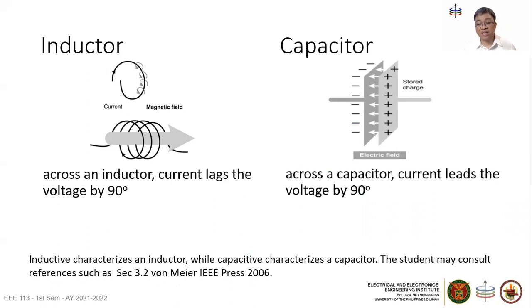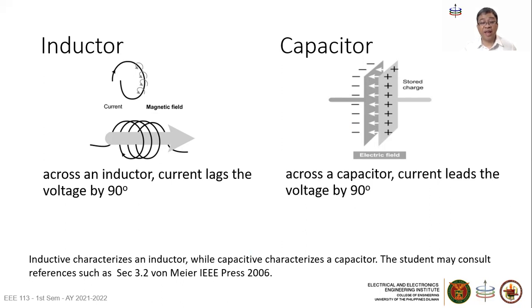Capacitance, on the other hand, is exhibited by devices when voltage is applied across a pair of conductors here. So you have a pair of conductors, you apply voltage across it. If you have plate conductors that can collect a significant amount of charge, then we have a strong electric field across it. Positive charges collect here.